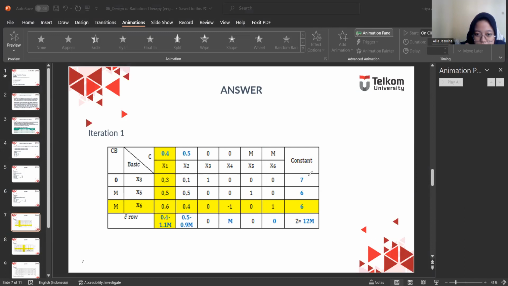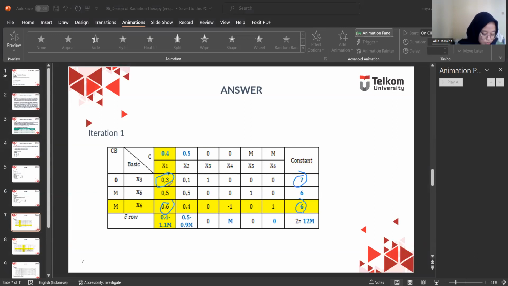when you divide the constraint by the x1 coefficient, like 7 divided by 0.7, 6 divided by 0.5, and 6 divided by 0.6, the smallest number is when you divide 6 by 0.6.